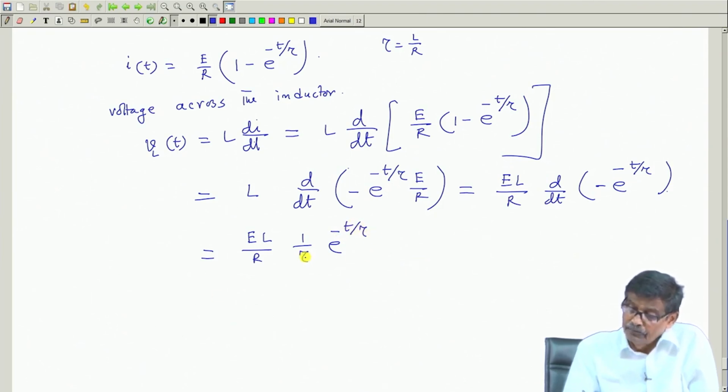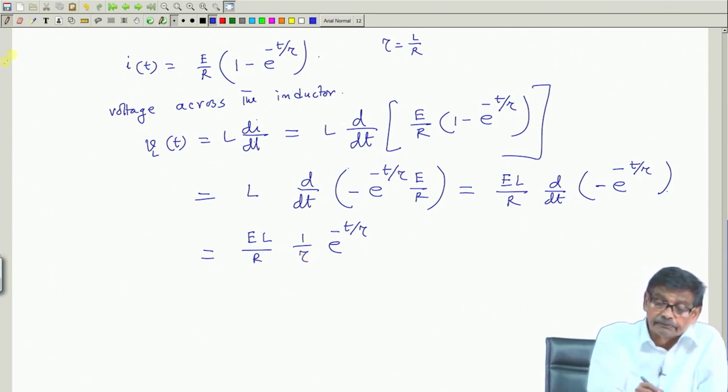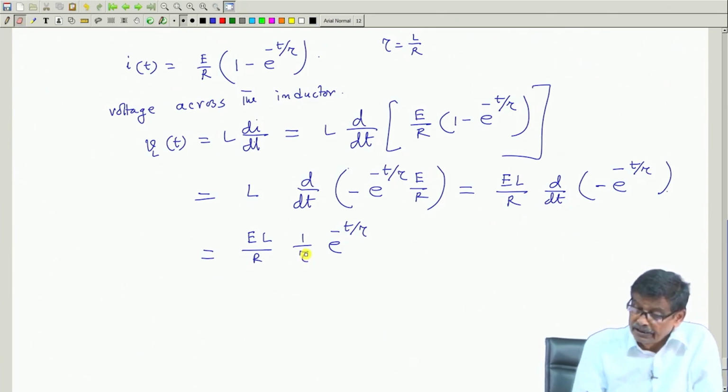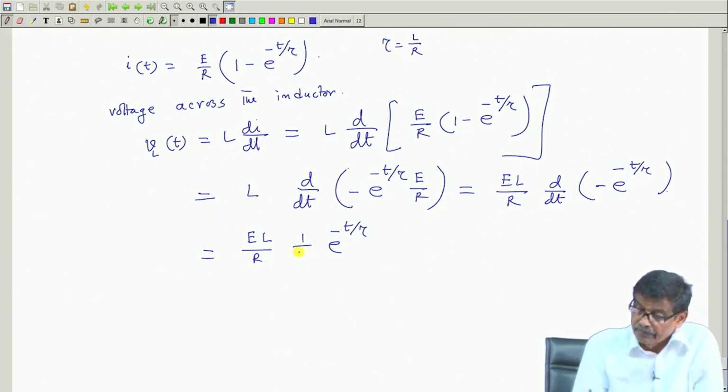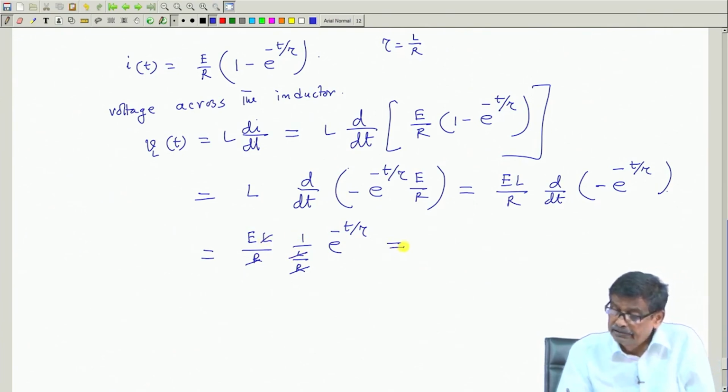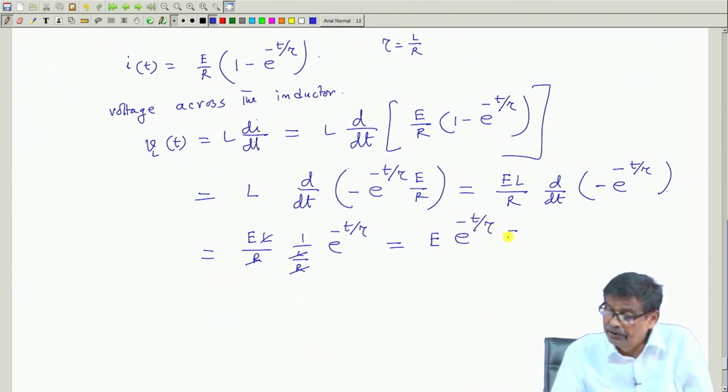But tau is equal to L by R, so you put that. Then this R goes and this L goes, and it will simply become E into e to the power minus t by tau. And this is equal to the voltage across the inductor.